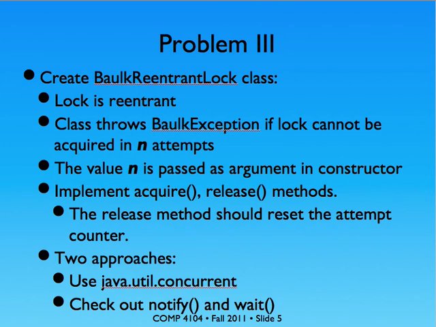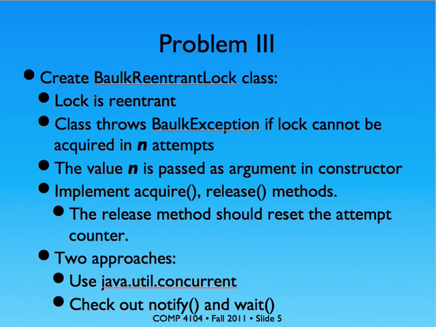The bulk reentrant class just adds a little bit more state now, because what you want to be able to do is if after n attempts to acquire the lock, it still hasn't acquired it, we then just throw an exception. We give up trying to acquire it.